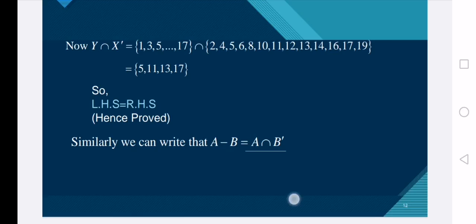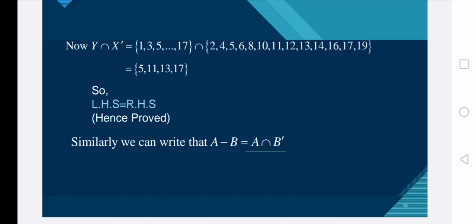So here we can easily observe that if we have the negative sign on the left hand side, on the right hand side the negative sign is changed into the intersection, and the set with which we had the negative sign on the left hand side becomes the complement of that set on the right hand side. So if we have X minus Y on the left hand side, on the right hand side it becomes X intersection Y complement.